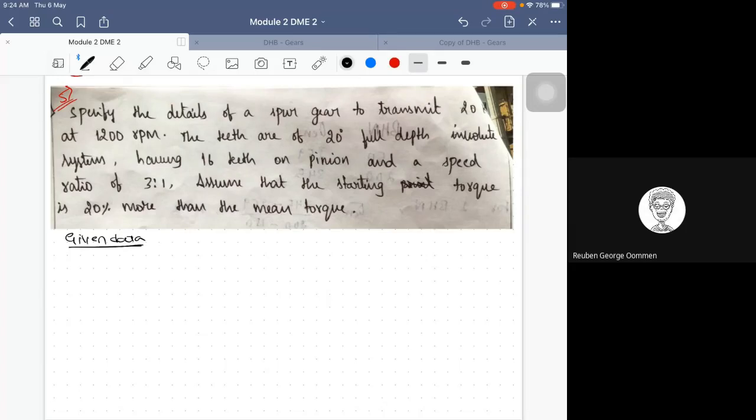The power to be transmitted is 20 kilowatts. And the speed of the gear and the pinion, we will just write. It is a 20-degree full depth involute system.